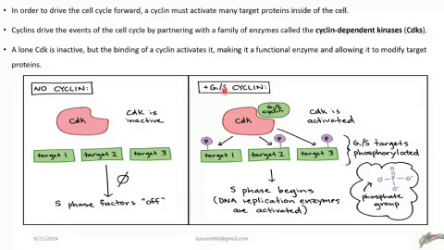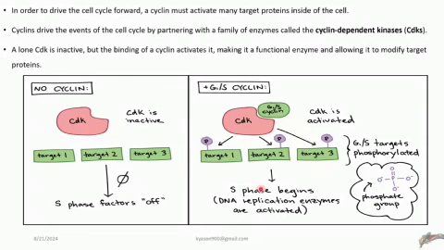Remember, there was that checkpoint between G1 and S. If the G1/S cyclin protein is not there, the cell won't enter the S phase. It has to be there together with its associated CDK enzyme, and this whole complex will help in phosphorylating, or in simple words, activating particular proteins that are responsible for the S phase to go on.